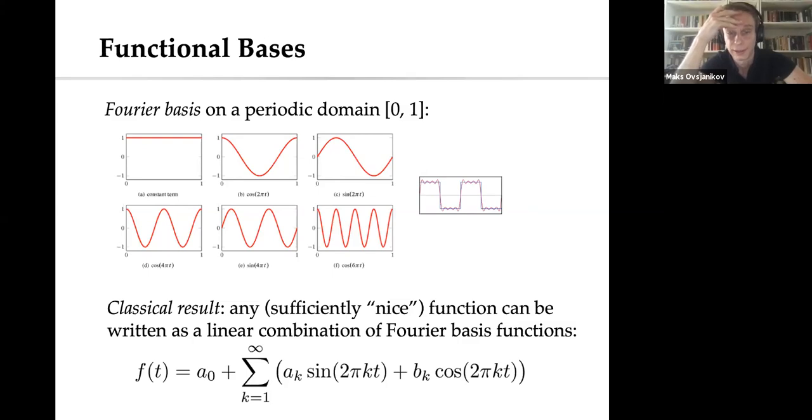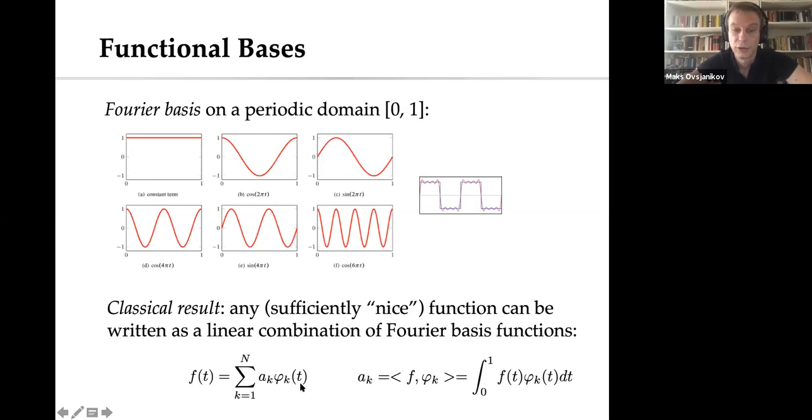These are sines and cosines. So for example, if I have this kind of step function, I can write it as a linear combination of the Fourier basis. And the coefficients in this linear combination are simply given as the inner product, the integral of the original function I'm trying to approximate and the basis functions, the sines and cosines in the Fourier case.